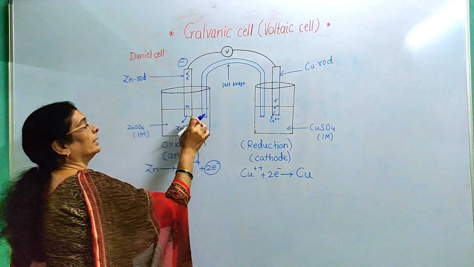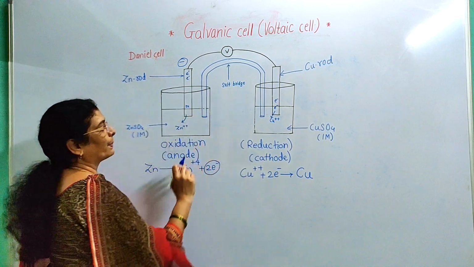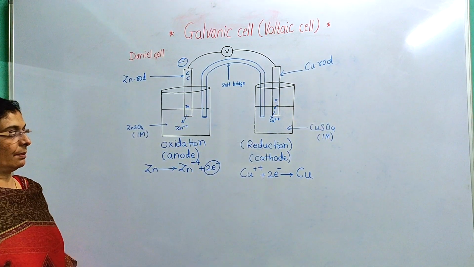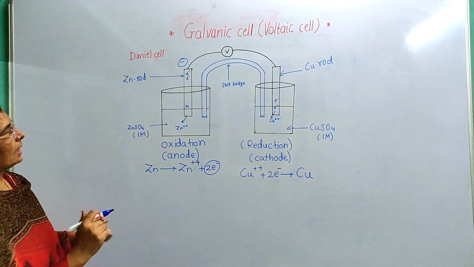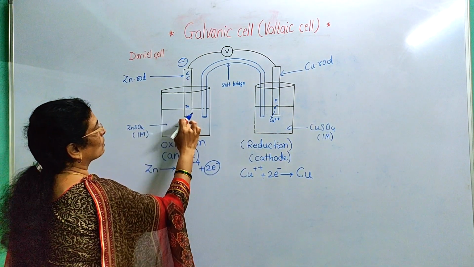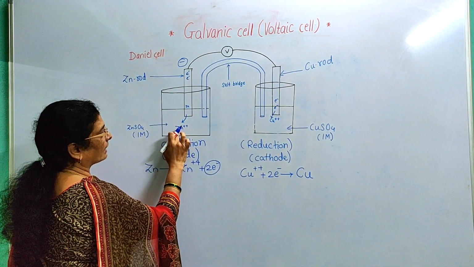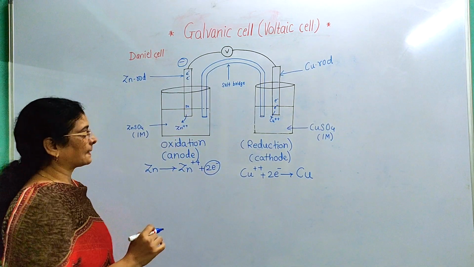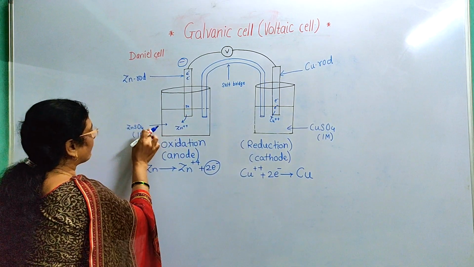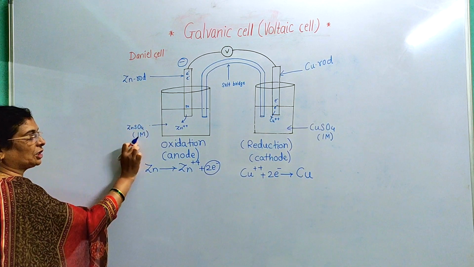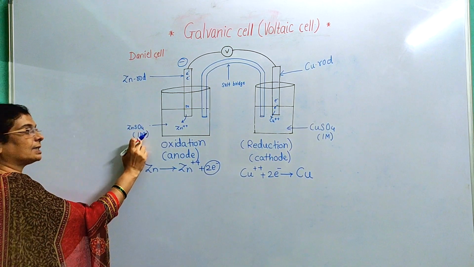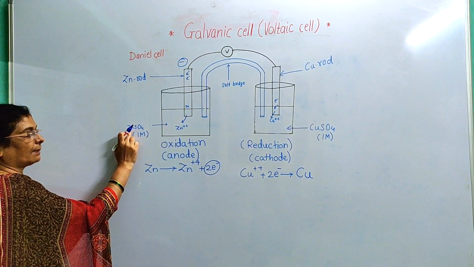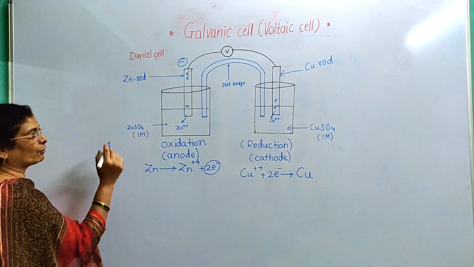But here we have used a salt bridge. What is the function of this salt bridge? Now see here. When Zn atoms lose electrons and get converted into Zn++ ions. When we have taken ZnSO4 solution initially, it contains 1 molar Zn++ ions and 1 molar SO4 2- ions.